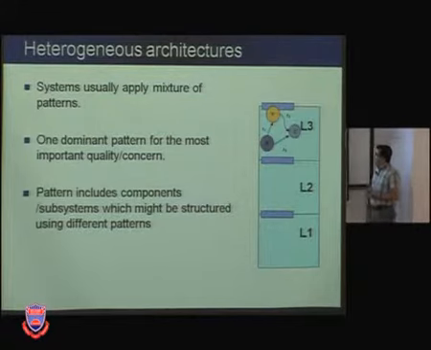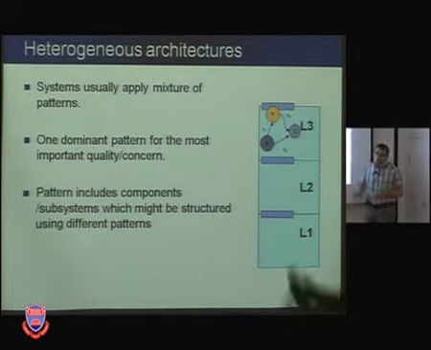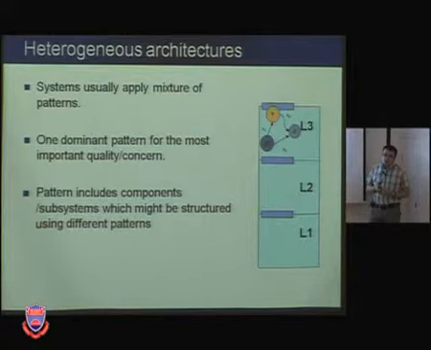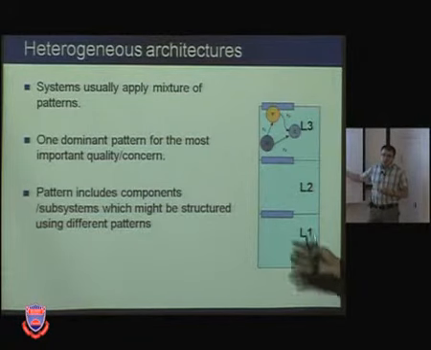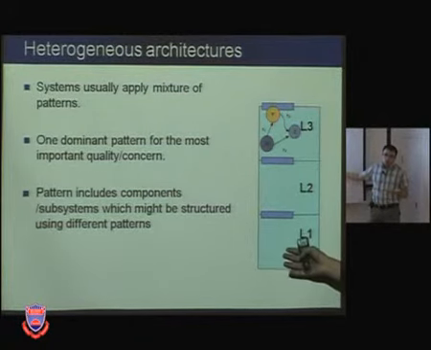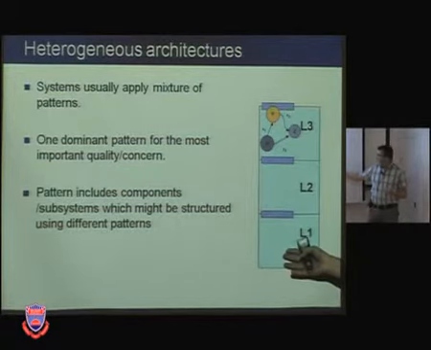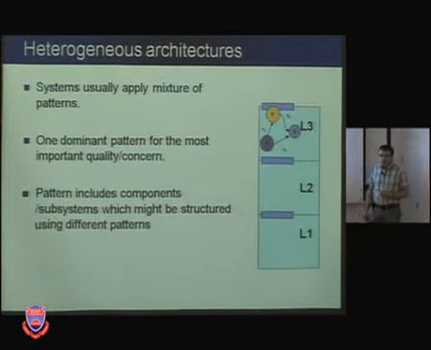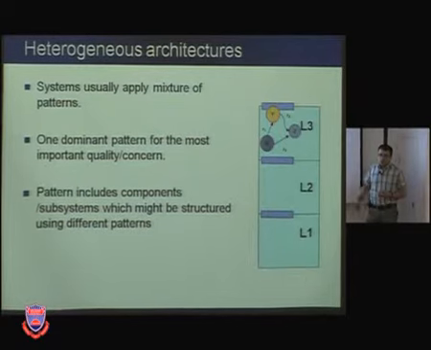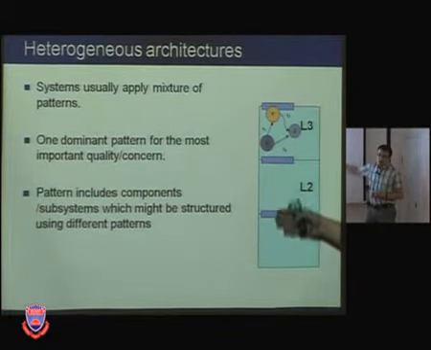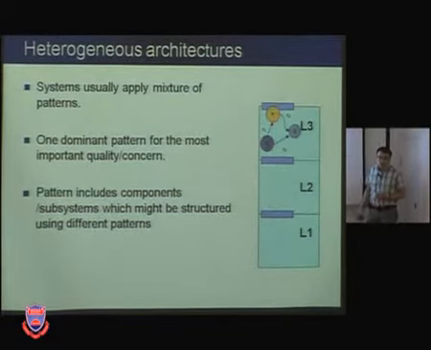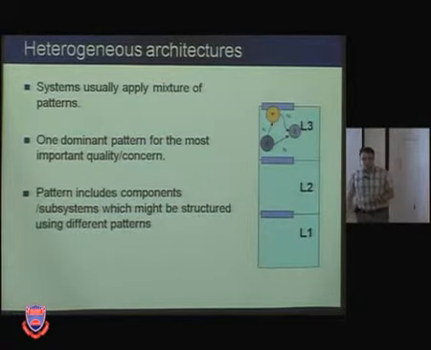As an example, if you have a layers pattern as a dominant decomposition, as we have seen before, one of the layers could use a pipes and filters pattern, or even multiple patterns could be used in the same layer, or patterns which define the bridge across the layers. Okay? Different possibilities.